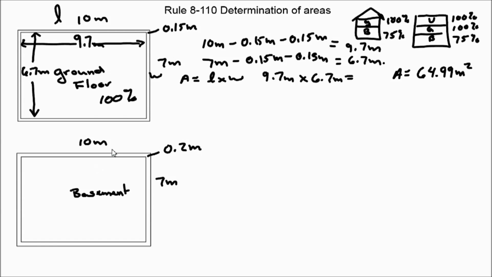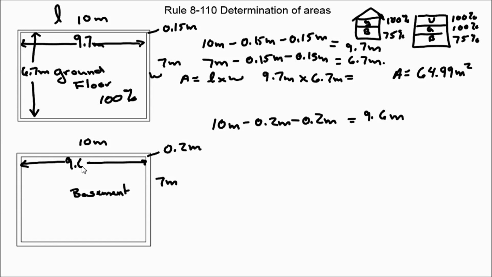Now our basement is very similar. In this case, we'll take 10 meters, subtract 0.2 meters on both sides, right? 0.2 here. So if we look at our measurement across, which would equal 9.6 meters, right?